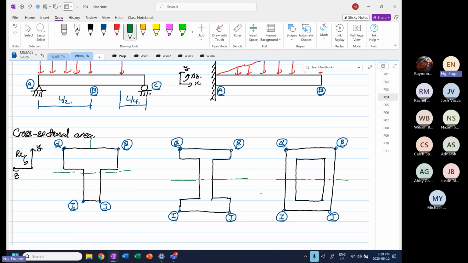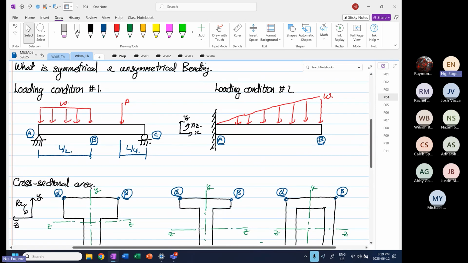And then vertical, this is the geometric centroid. This is our geometric centroid, and this is our geometric centroid. So this is our Z axis and this is our Y axis for each shape.